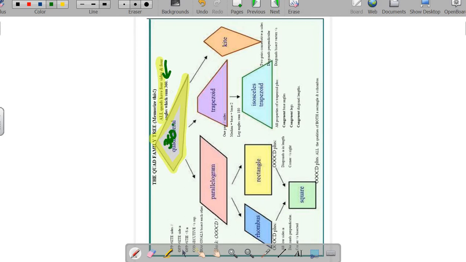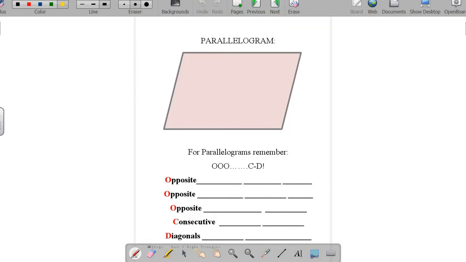Now that's true of all of these shapes. They have 4 sides, they sum to 360. Today we're going to focus strictly on the parallelogram and what makes a parallelogram a parallelogram. There are 5 qualities that make a parallelogram a parallelogram.